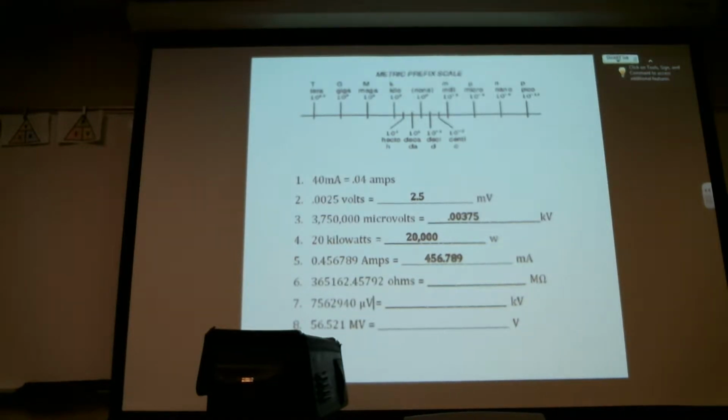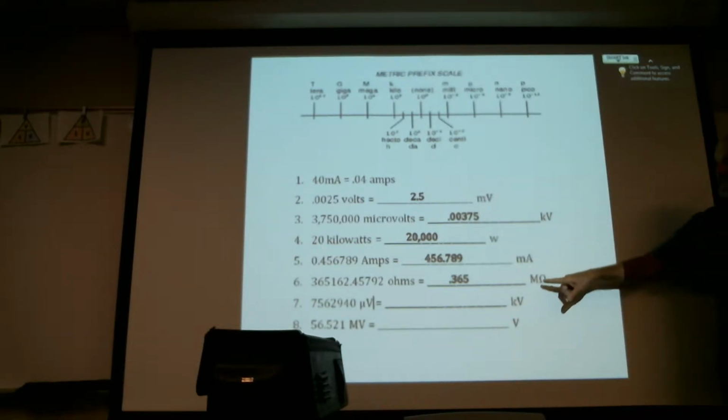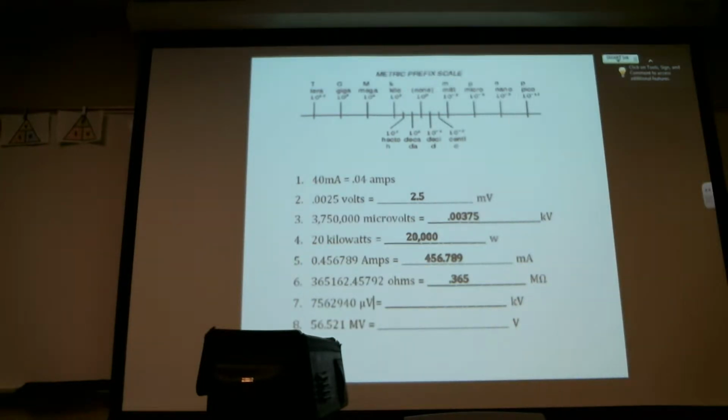There's a whole bunch of ohms there, so that's going to be megohms, 0.36. That one doesn't have anything to the left of the decimal. These were examples I pulled off the internet. It specifically asked for megohms.